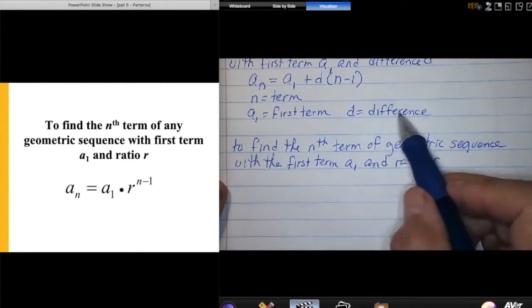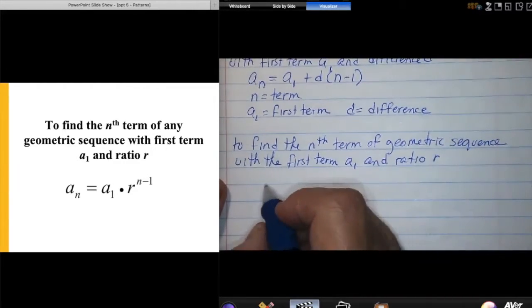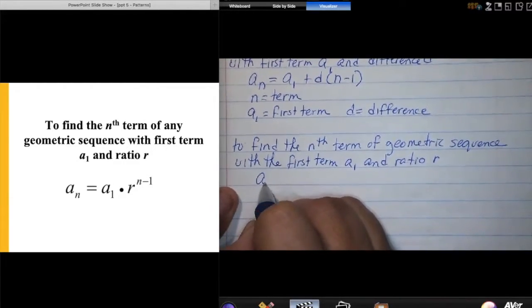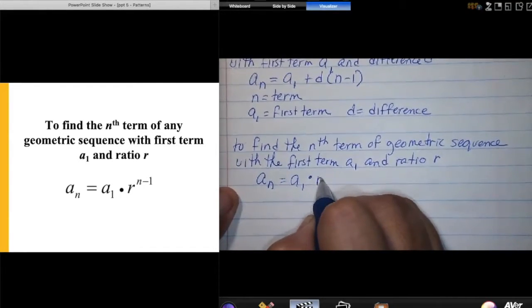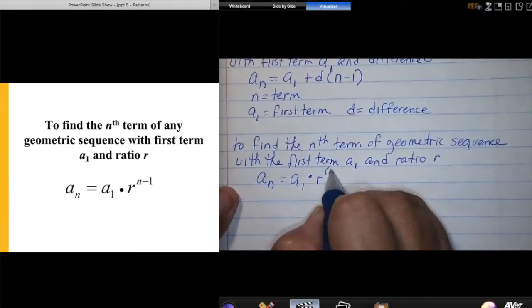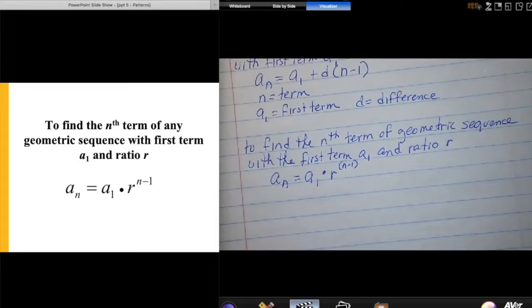We have d for difference when you're adding or subtracting, r is ratio when you're multiplying or dividing. And our formula is a sub 1 times r raised, now I'm going to put that in parentheses. Okay, so let's highlight our two formulas.